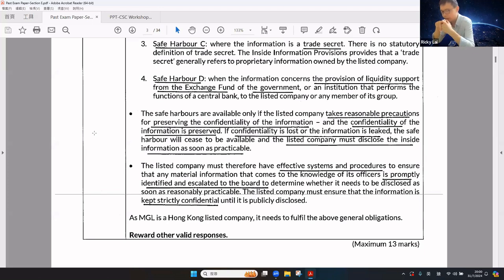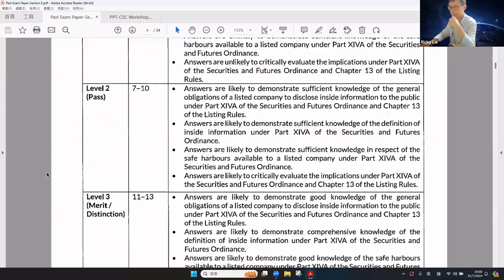Otherwise, this may be a civil and criminal offense for insider trading under the SFO. So that is what the company should bear in mind in case of any inside information. The directors, officers, and employees must not deal in any company securities. If necessary, the company should send out reminders to everyone. During the time of inside information, they are restricted from dealing in the company's securities.